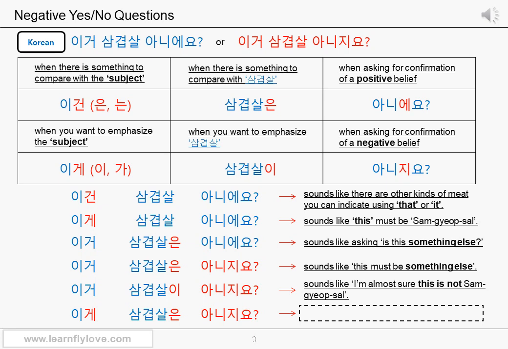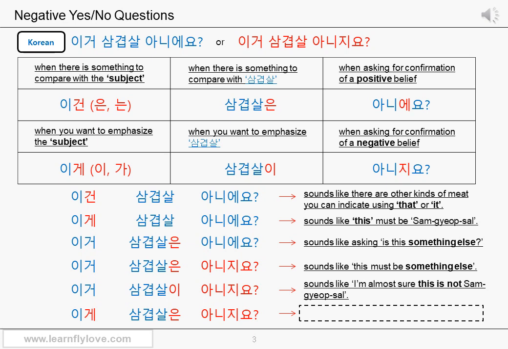Plus it sounds a little bit weird. 이거 삼겹살이 아니에요? Not because it's grammatically wrong, but because Koreans don't talk like this that much. Let's skip it.